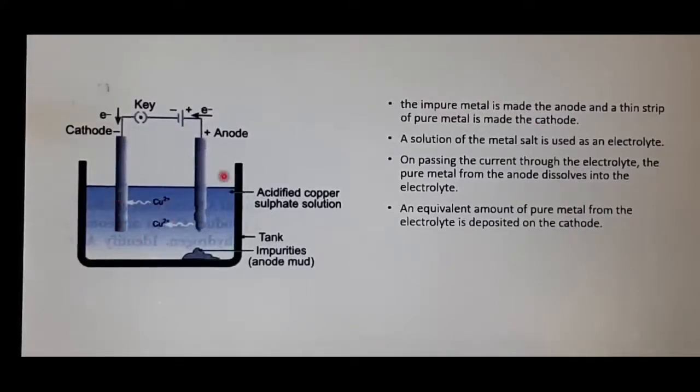The impurities are of two kinds: the first are insoluble, and the second are soluble. All the soluble impurities get dissolved in the electrolyte, whereas all the insoluble impurities get collected as anode mud. You can see here they settle just below the anode, and this is known as anode mud.